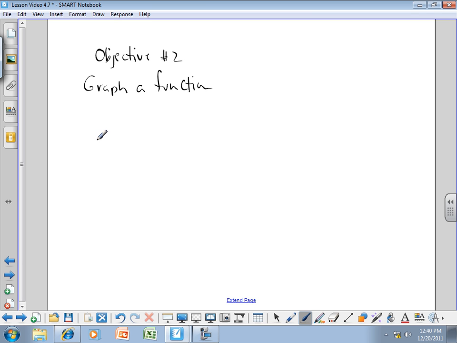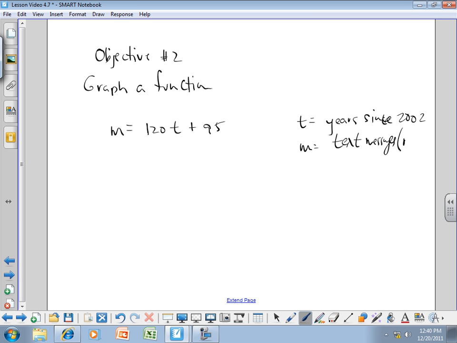It says a wireless communication provider estimates that the number of text messages M sent over several years can be modeled by the function M, number of texts, equals 120t plus 95, where t equals years since 2002. M was text messages. By the way, it was in millions. And T is years since 2002.